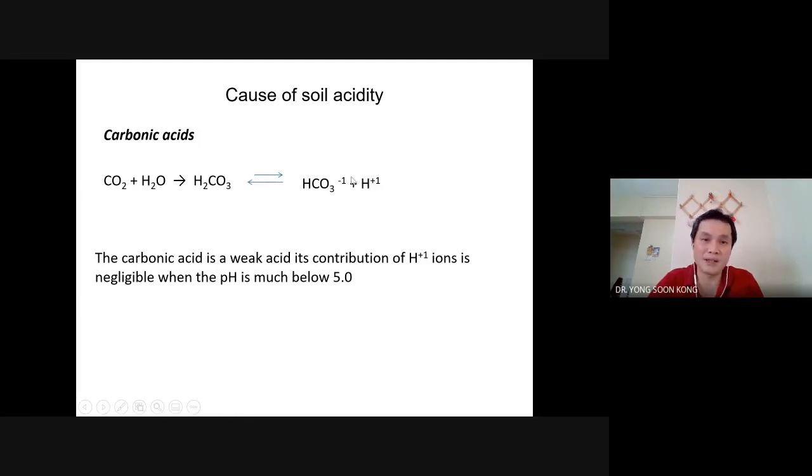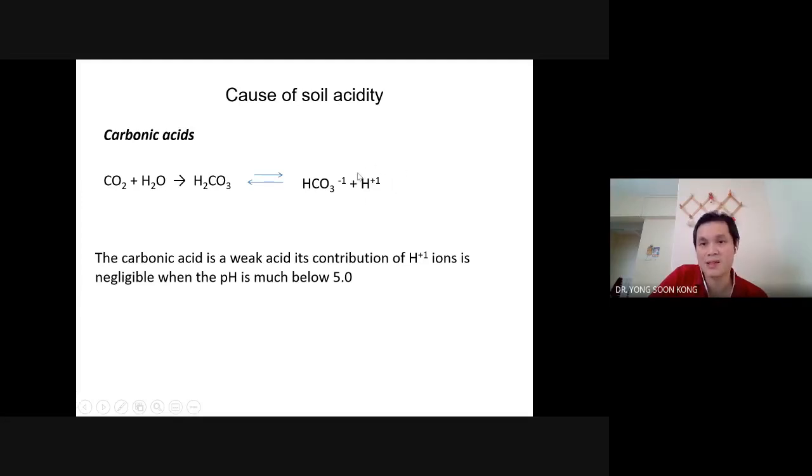Because carbonic acid, as you can see right here, H2CO3, is produced by the interaction between carbon dioxide and water. And they will become acid when they dissociate. So this two-directional arrow, as you can see right here, is the dissociation where they produce one hydronium, H plus.